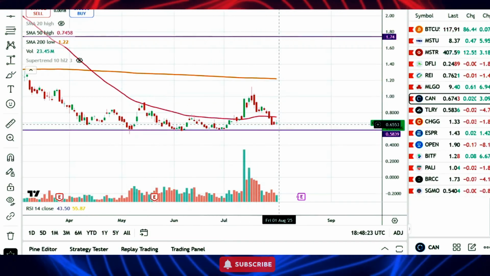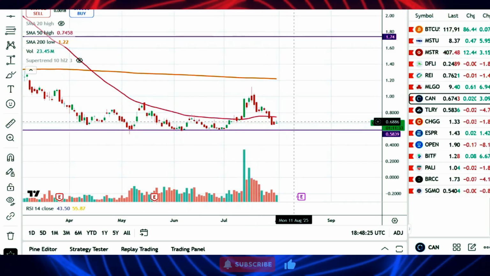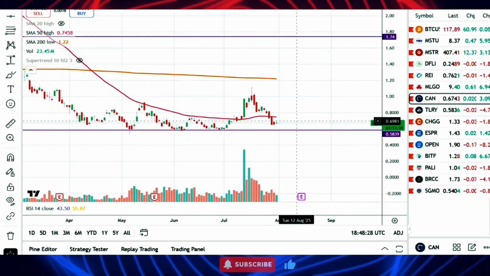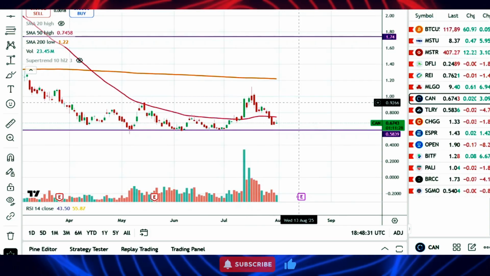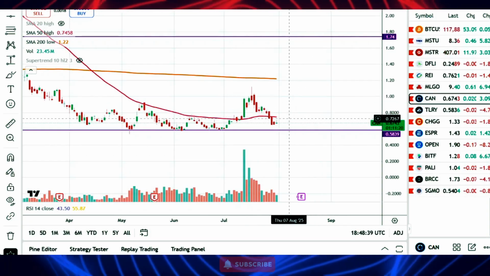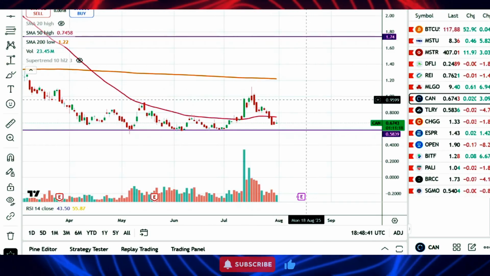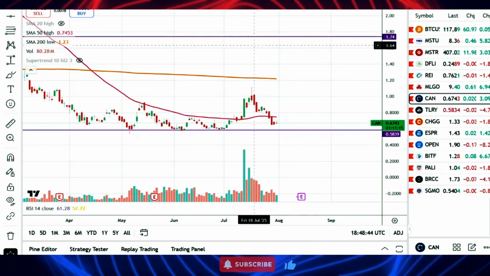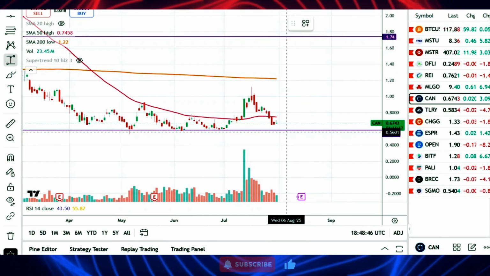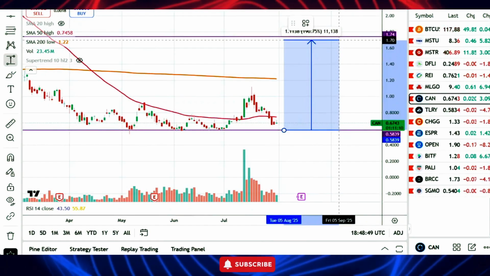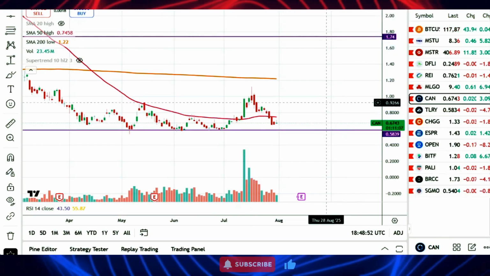And it's looking like for sure it's going to test this bottom again, and most likely bounce off and then rally back up to the dollar price point. But if it breaks that dollar price point, then we can see a major rally all the way up to $1.74. So if you're able to time it pretty well from 58 cents to there, that's a massive 200% gain. So, we'll see.